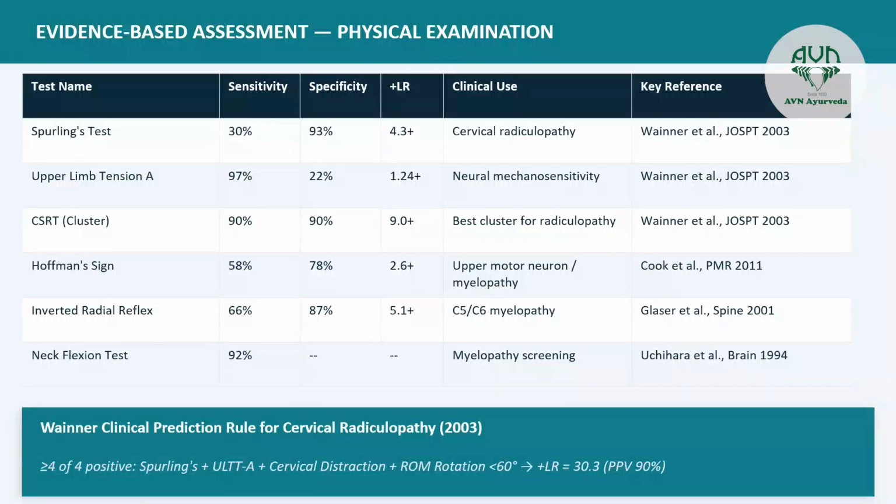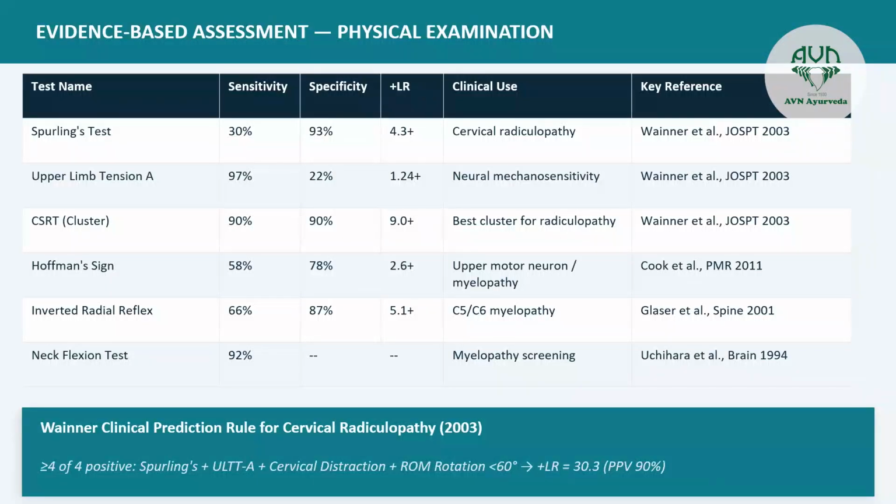Apart from those norms, we are looking into certain tests to rule out radiculopathy, myelopathy, or the involvement of further structures. These are the tests which have good specificity and sensitivity, depending on the research.